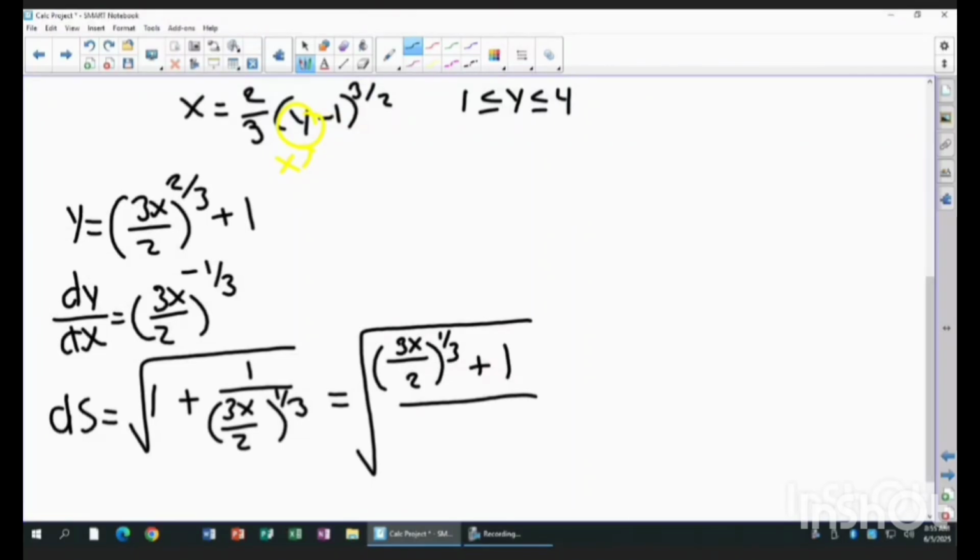Plus 1, and then 3x over 2. You just want to combine. And then you get, simplify it.